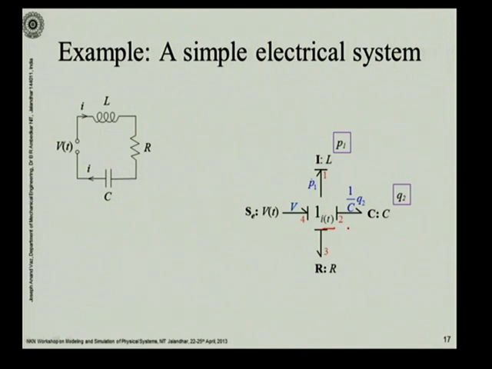Here you are having a capacitance, and so the effort that is going to be decided by this capacitor is actually, if you assume it to be a linear capacitor, Q2 by C, and C is the capacitance. So Q2 is actually your generalized displacement. In the electrical domain, charge is a generalized displacement.